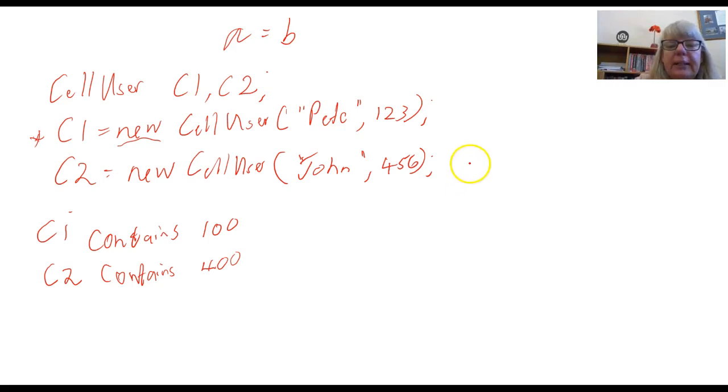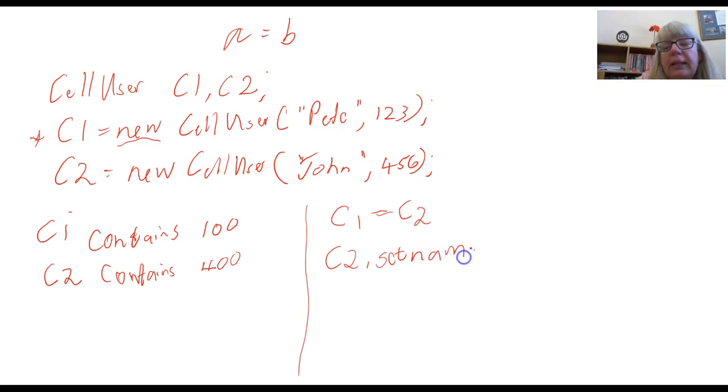So let's play around with this code. If I say C1 equals C2, and I say C2.setName, let's say cell user had a nice accessor method, mutator method, set name, and I say C2 is no longer John, it is now Sue.